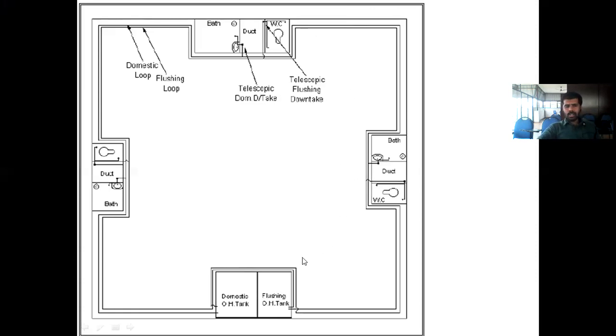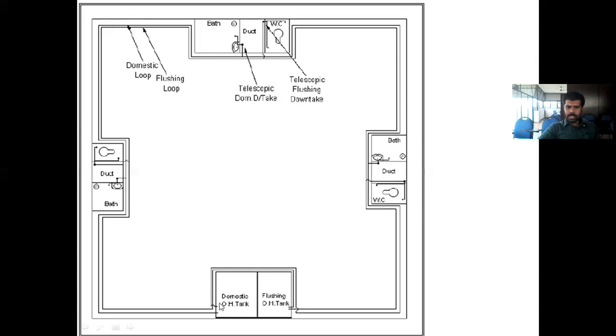Looping system in the sense, if it's a flat or an apartment or a high-rise building or something like that, if there is one flat here and another flat here and another flat here, better you just do a looping system. Okay, looping system, you can see that this is the domestic overhead tank.